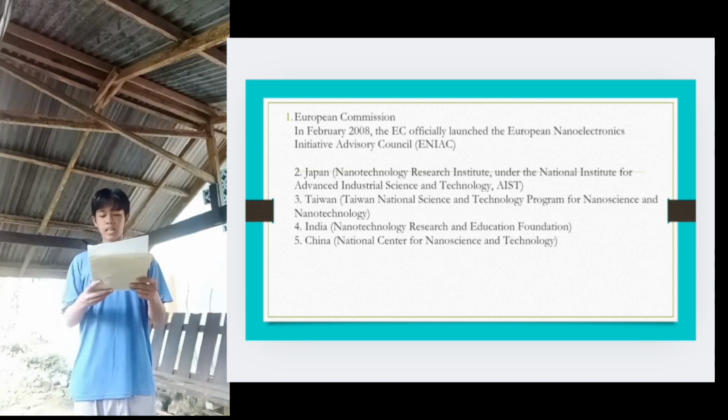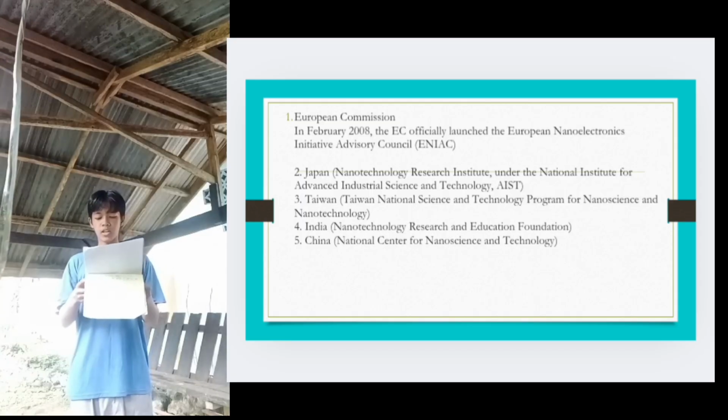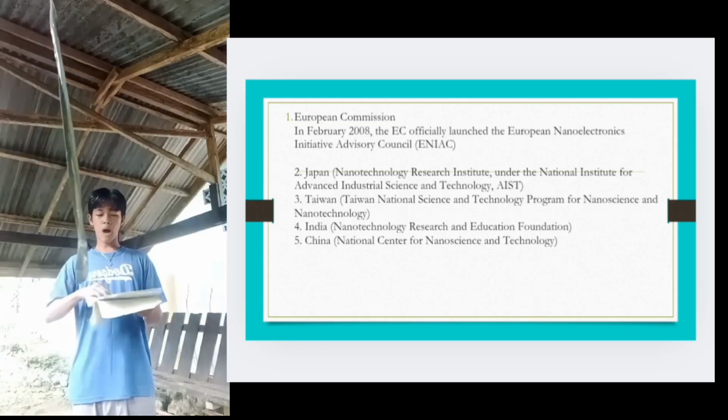The second one is Japan. Japan promotes research to improve materials and products using nanoscience. Example, developing lightweight and strong materials for cars and electronics. The third one is Taiwan.